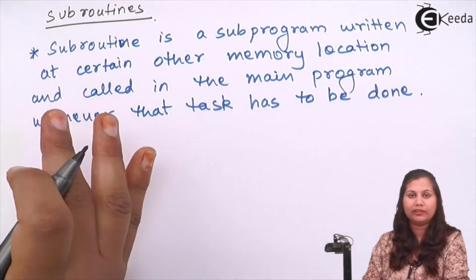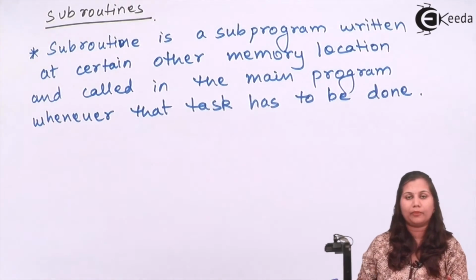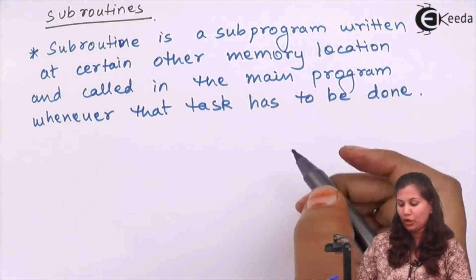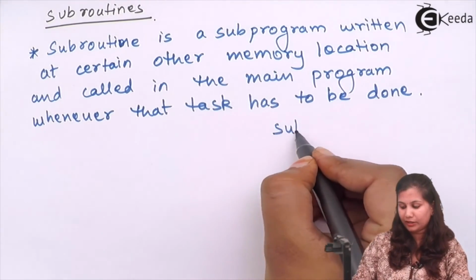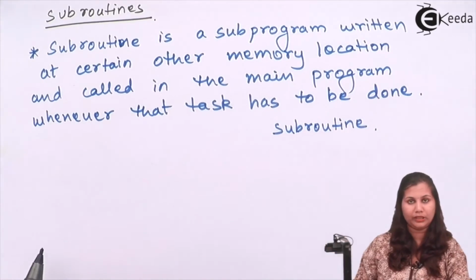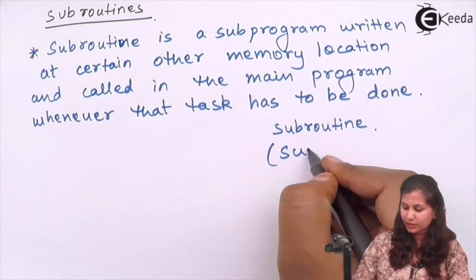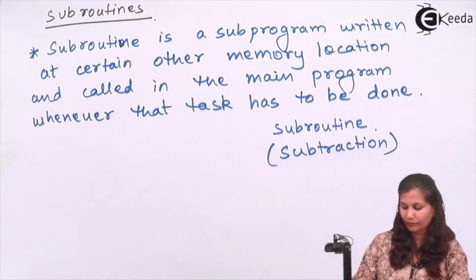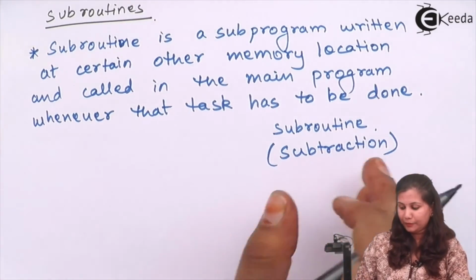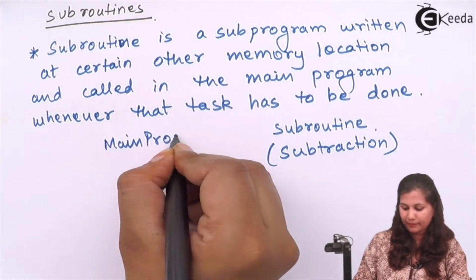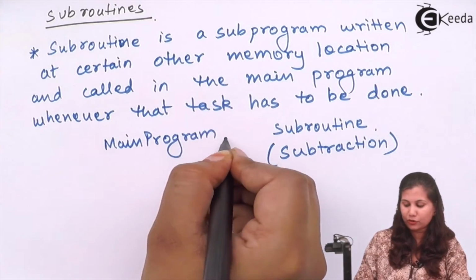So, for example, there is a long program where subtraction has to be performed several times. For subtraction, we write a short program which will be called a subroutine. This subroutine is the subtraction program, and it is called in our main program whenever subtraction has to be performed.